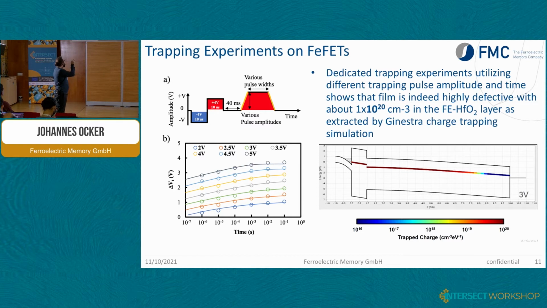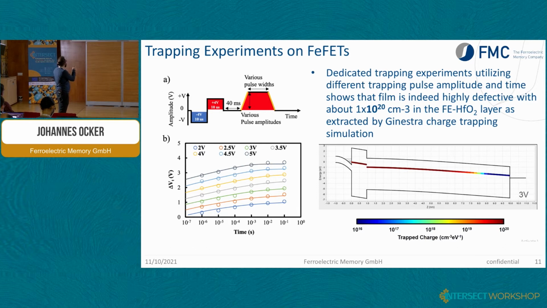Then we apply a pulse with various pulse widths and pulse amplitudes, and we read out the IDVG, or the transfer characteristic that you saw before, on the edges of this pulse. From there we can determine how much the threshold voltage shifted. And we can do this for various pulse widths and pulse amplitudes.